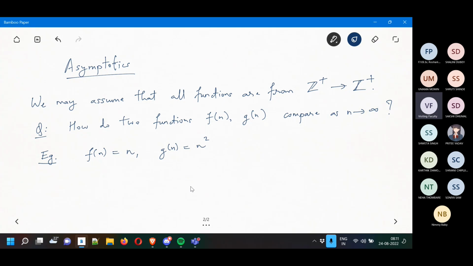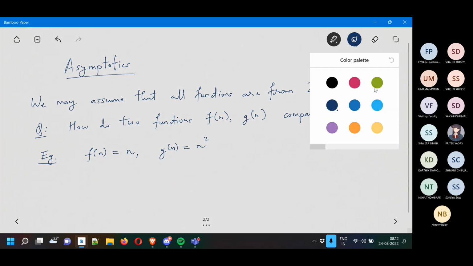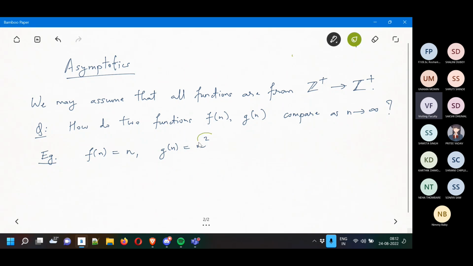Which will go to infinity faster? It should be g of n, because you have the square term here, right? So squares are supposed to grow faster towards infinity. So we will think that g of n will grow faster, f of n will grow slower. But how do we see that?